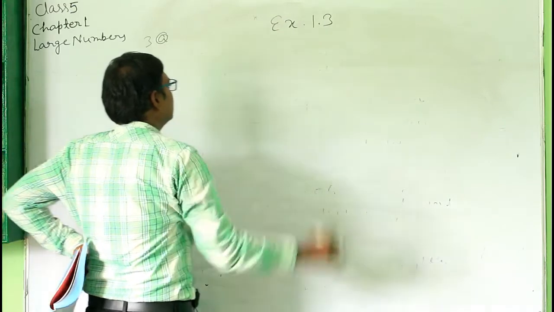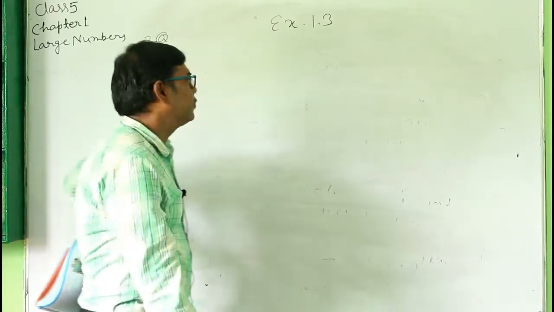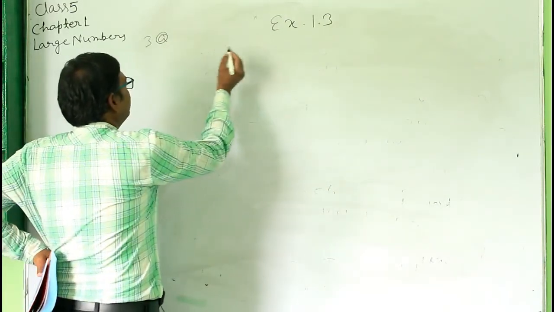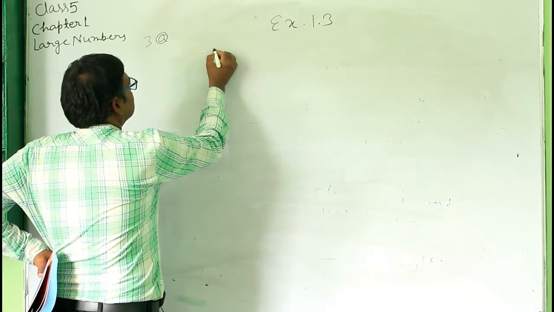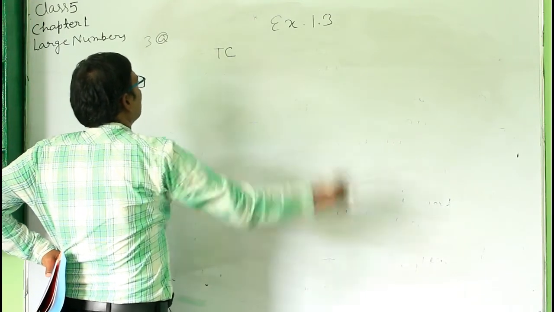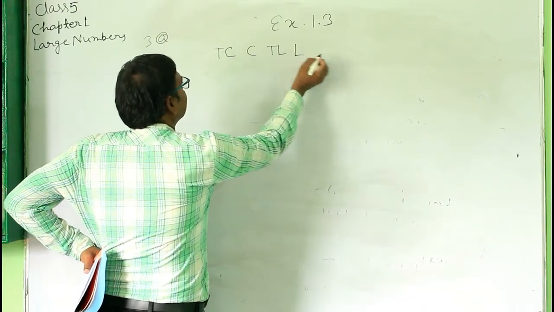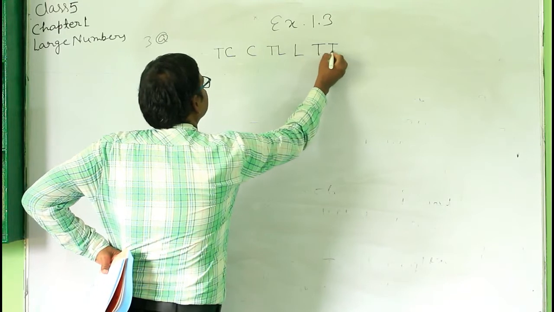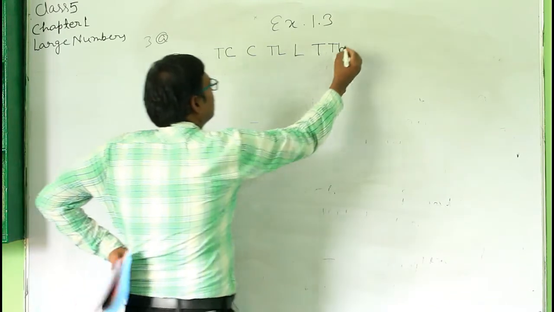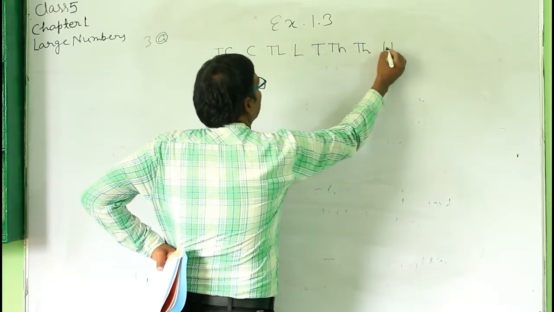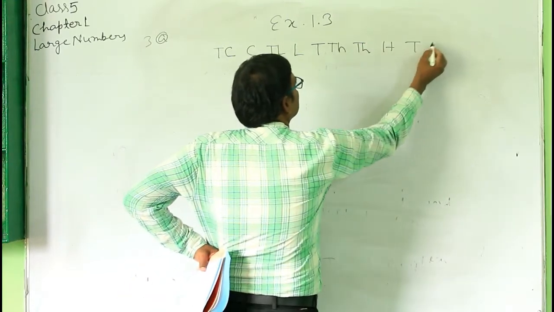First, we will make the Indian place value chart. In the Indian place value chart, you know that the places are first 10 crore, then crore, then 10 lakh, then lakh, then 10,000, then 1,000, and 100, then tens, and then ones.